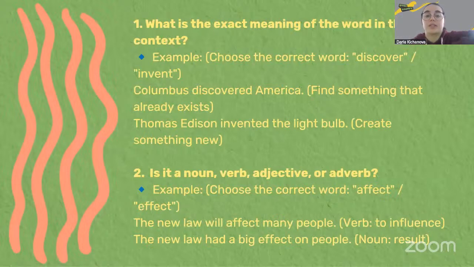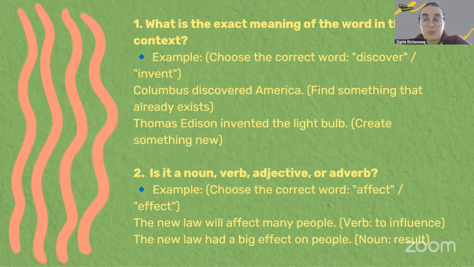So let's take a look at the question that I ask myself when I have a test. What is the exact meaning of the word? There we have two words, discover and invent. I'm sure that you know these two words, but let's take a look at them. So Columbus discovered America. Do I want to say that this is something new that this person created, or did he just find something that already exists?